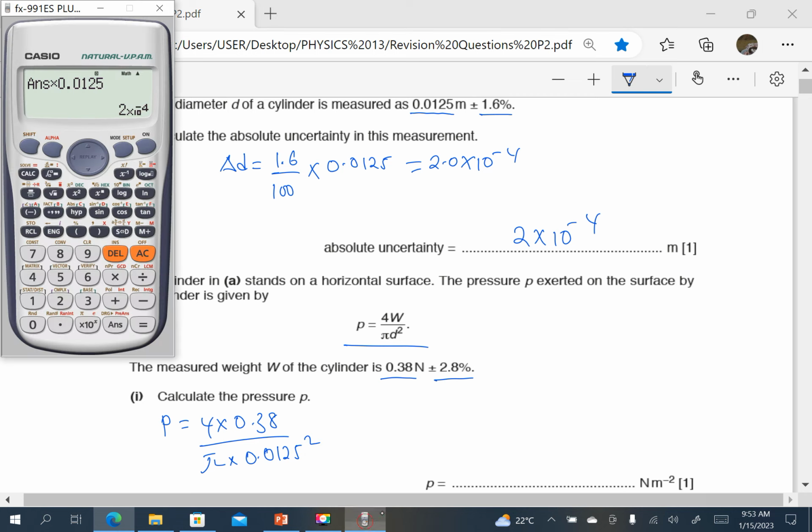So I'll just press my calculator and check. So I have 4 times 0.38 divided by, I will open the bracket, and I will say pi times 0.0125, and this is squared.